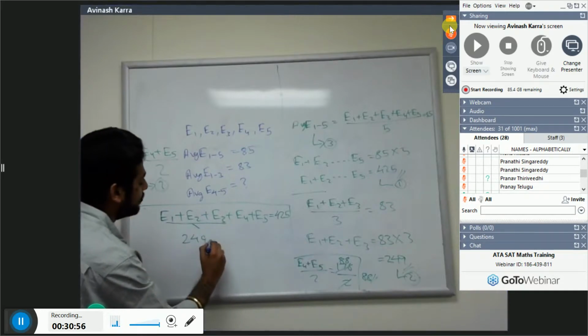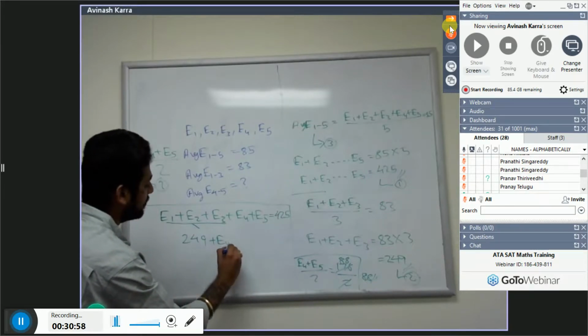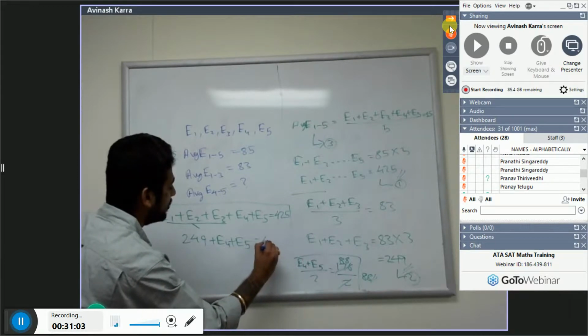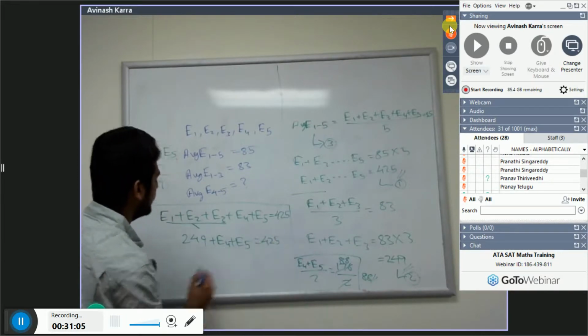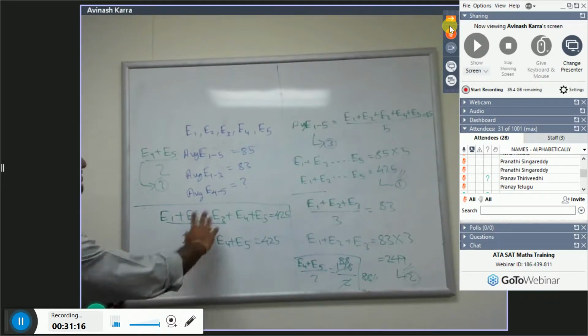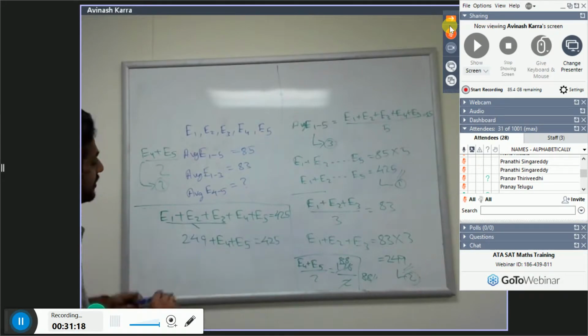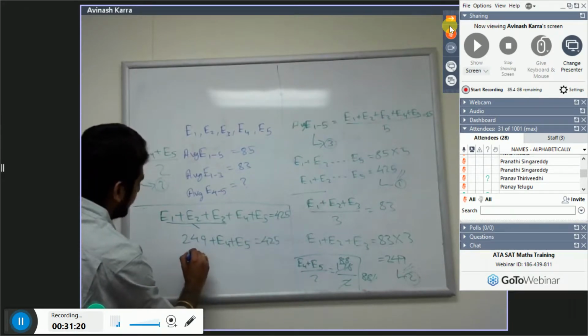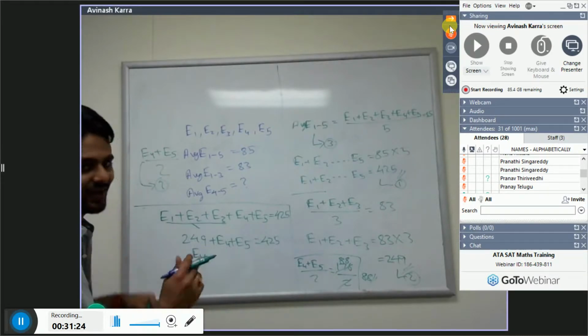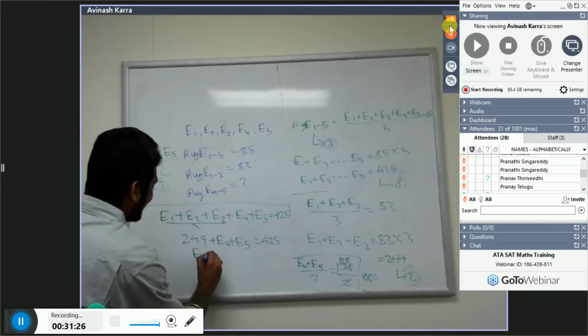249 plus E4 plus E5 is equal to 425. What's 249 doing here? It's adding to the equation, right? On the LHS side. When I move 249 from the LHS to the RHS, what happens? You subtract it from both sides. Okay.